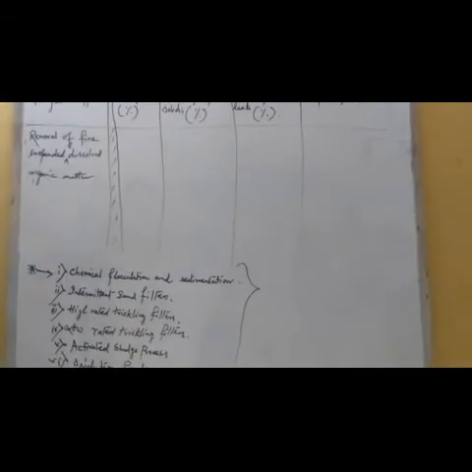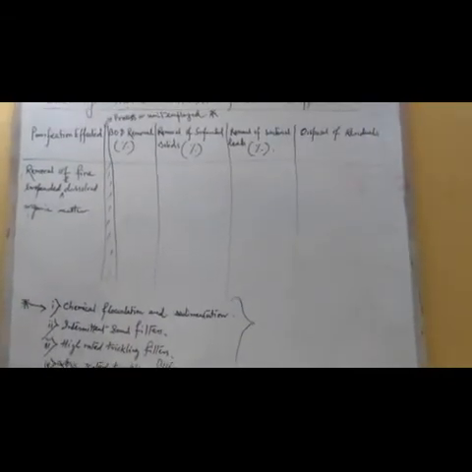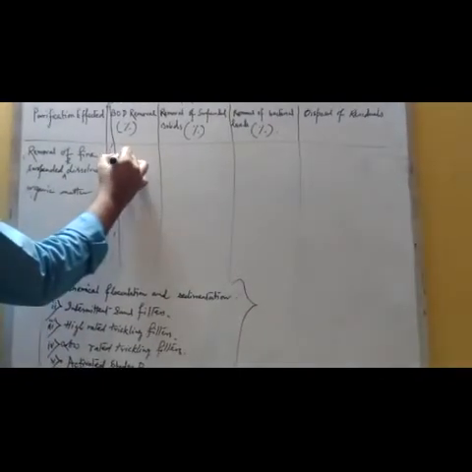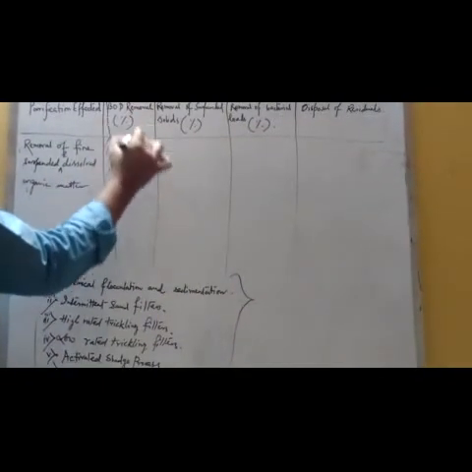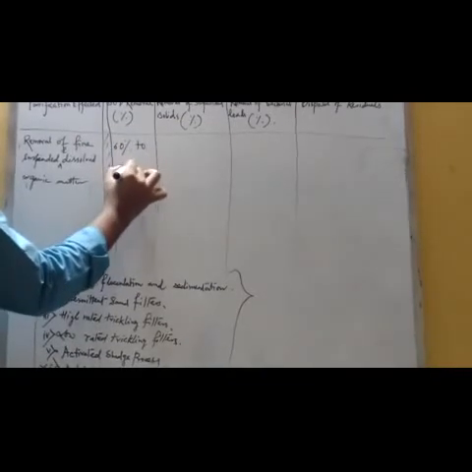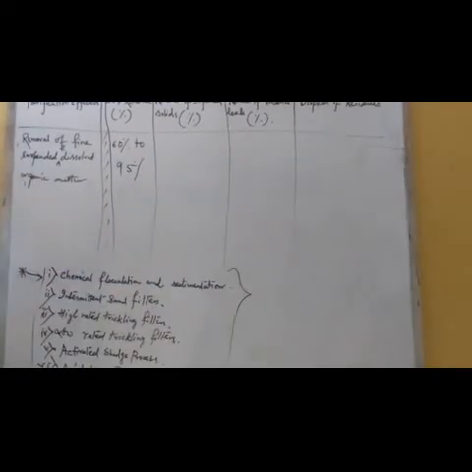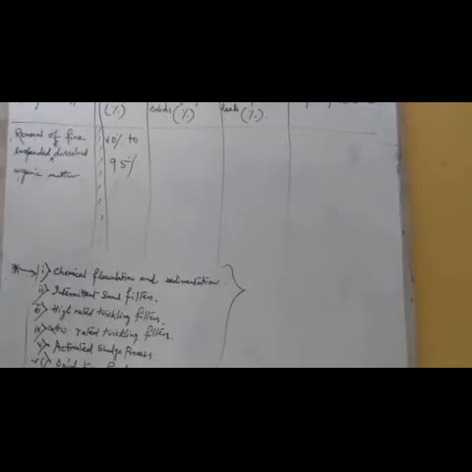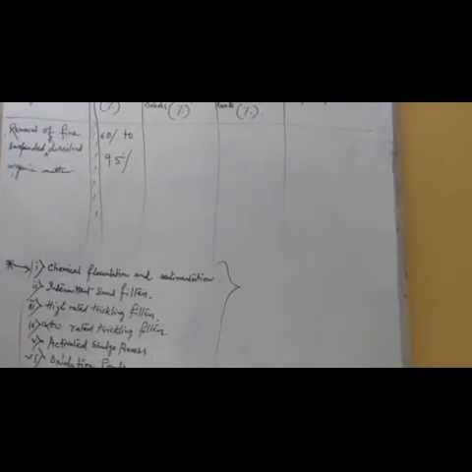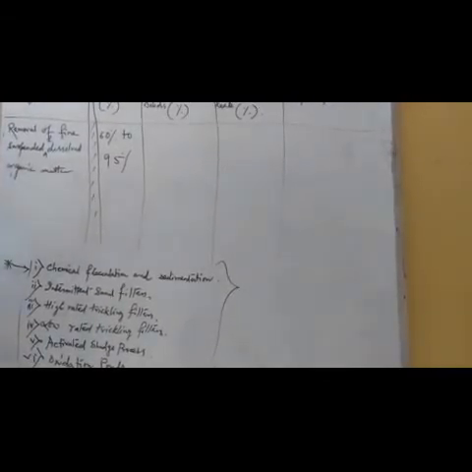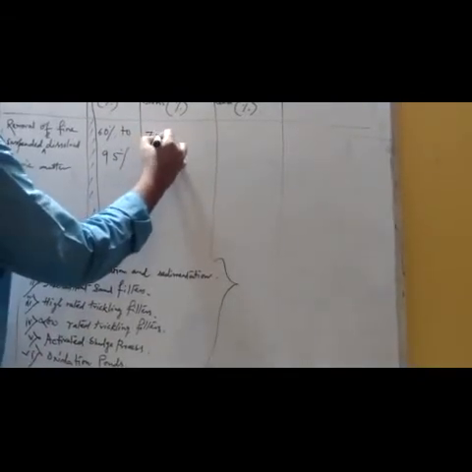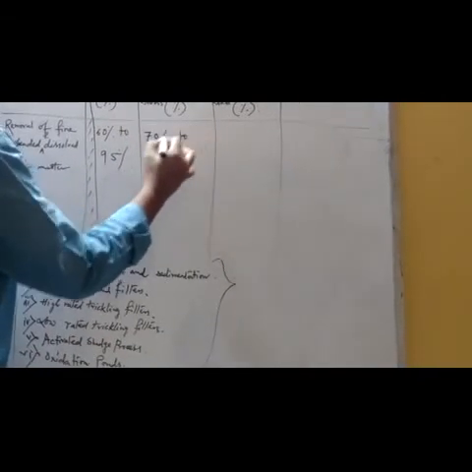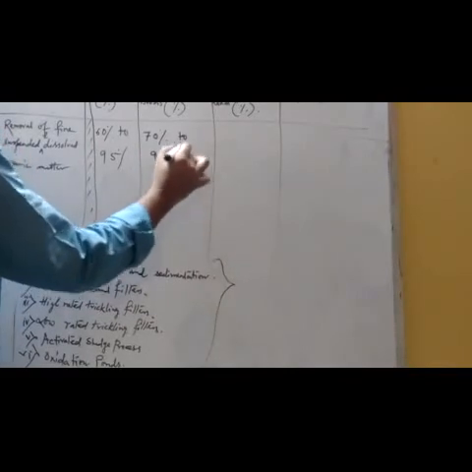Now, what is the percentage of BOD removal? In the 6 processes, at an average, the percentage of BOD removal is 60% to 95%. And what is the removal of suspended solids? At an average, that is 70% to 90%.